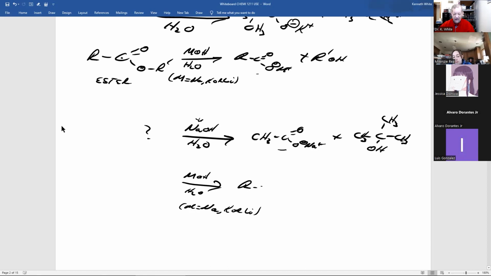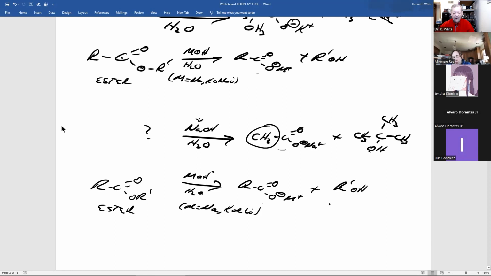Ooh, a carboxylate anion. What do we have here? Ooh, oxygen and a carbon, an alcohol. And what do we react with base and water to make these two compounds? An ester.